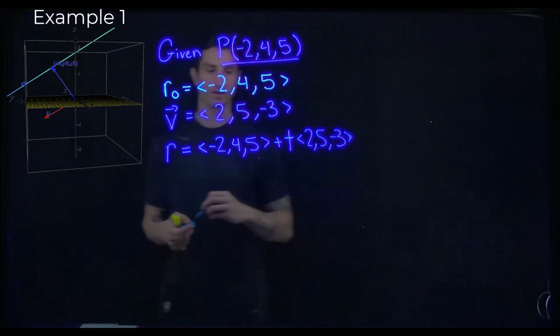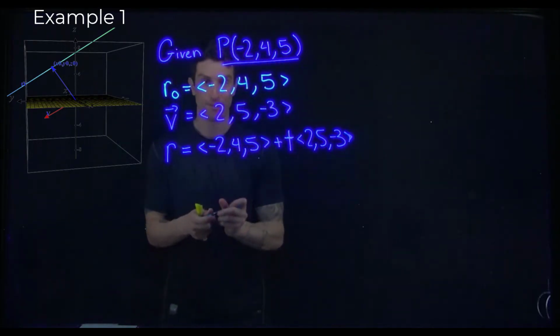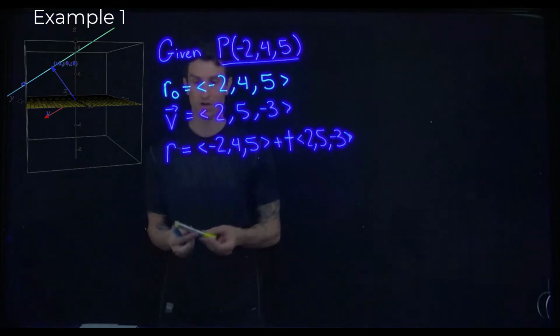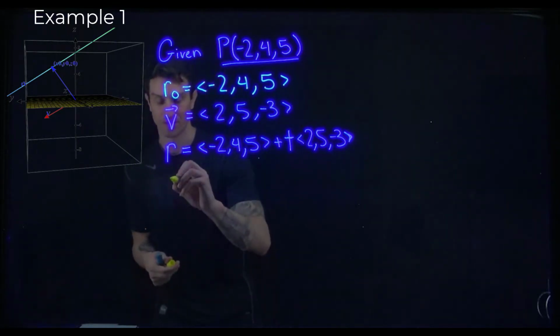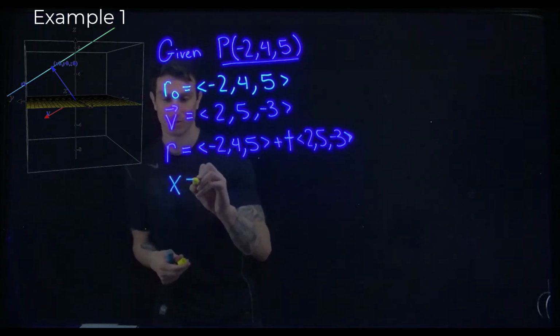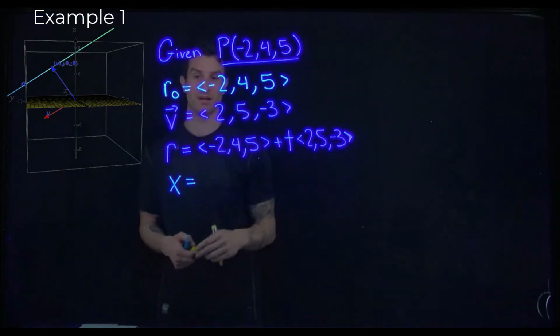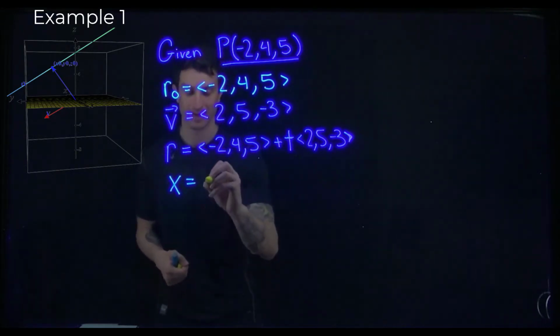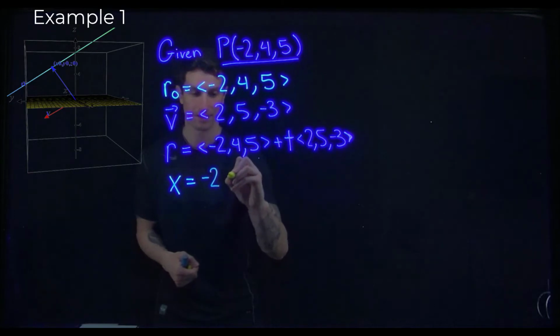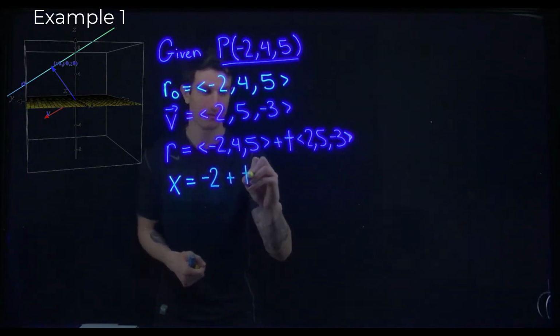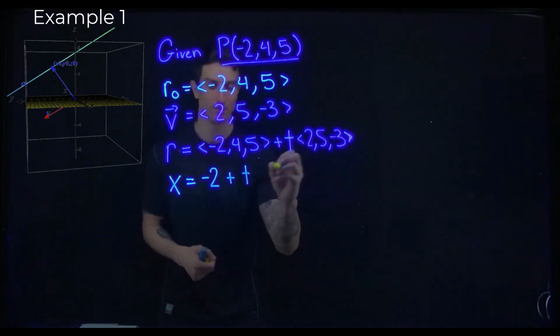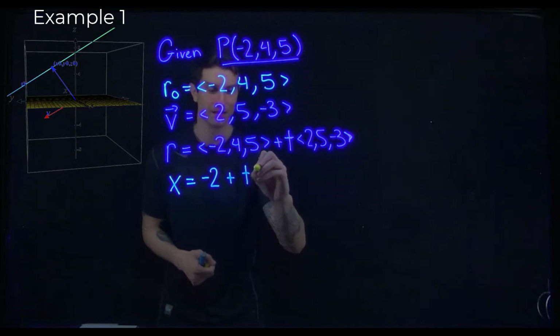There we go. So let's break this up parametrically into x, y, and z. So x is equal to, we'll take our first component, -2, plus t times 2, and maybe we should have written it as 2t. We'll leave that for right now.